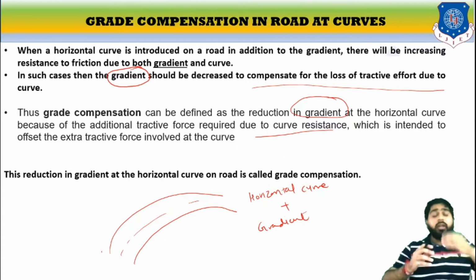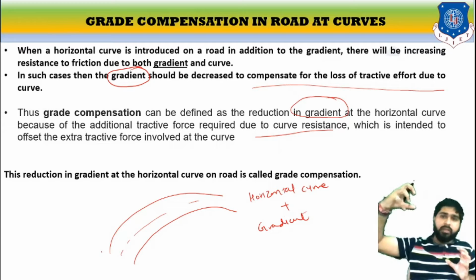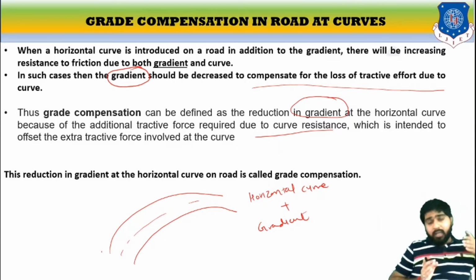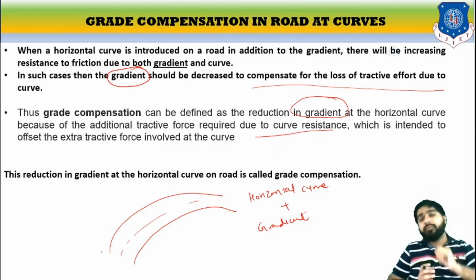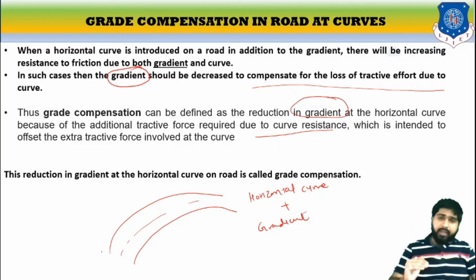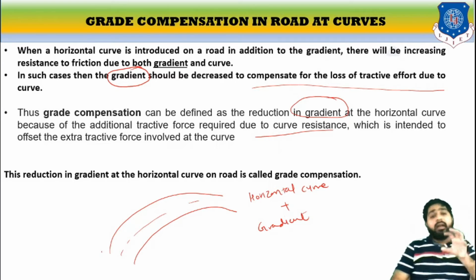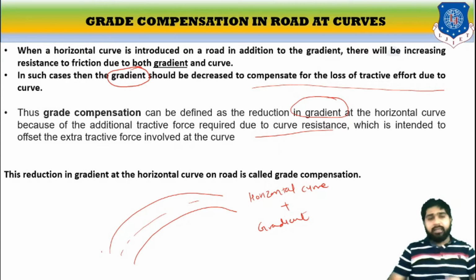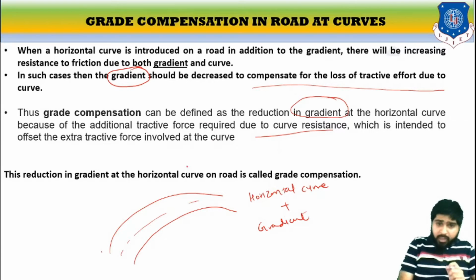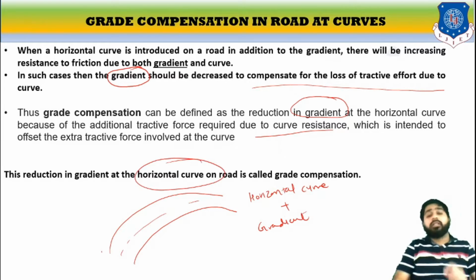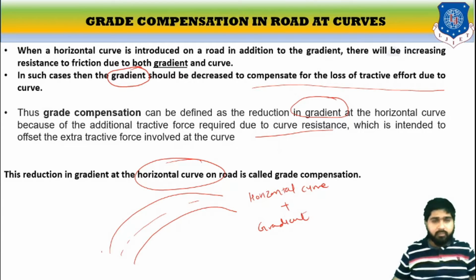In order to reduce the extra pull while the vehicle travels on the horizontal curve, we have to reduce the gradient so that the vehicle requires less pull and can travel easily. This particular reduction in gradient at the horizontal curve on the road is called grade compensation.